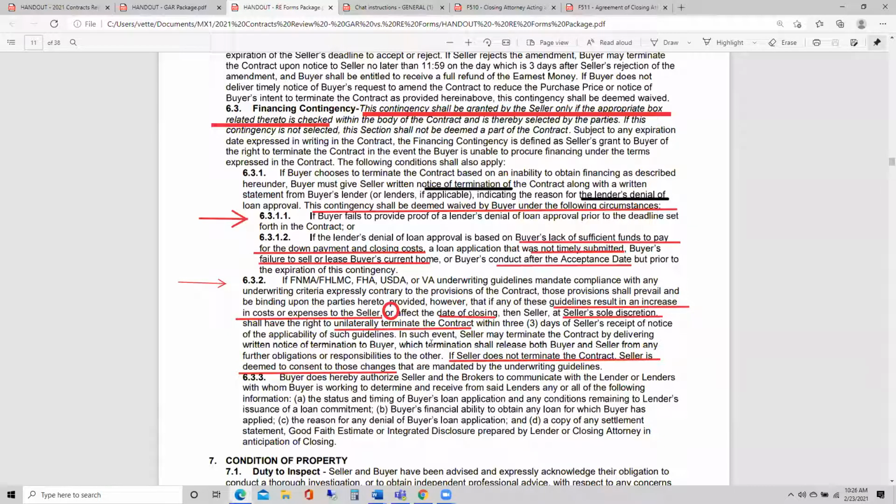So I think that would end up being left to the interpretation of the holder, because on one hand, the buyer should have made sure that the lender got that done prior to the end of the financing contingency. But on the other hand, I think that would fall under other lawful reason because it can't close.